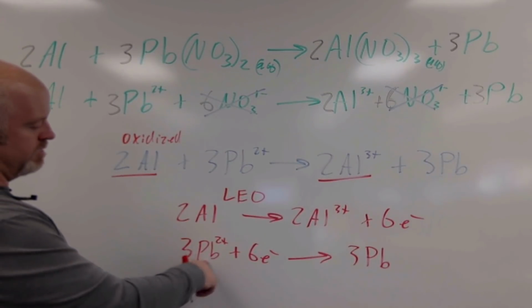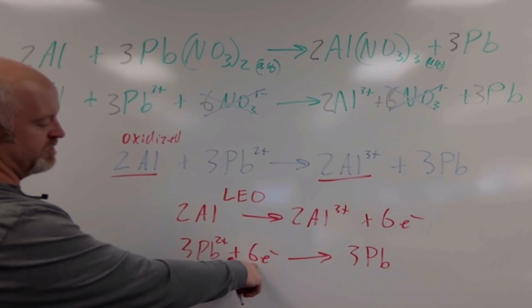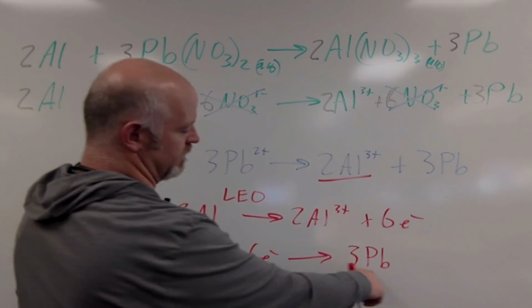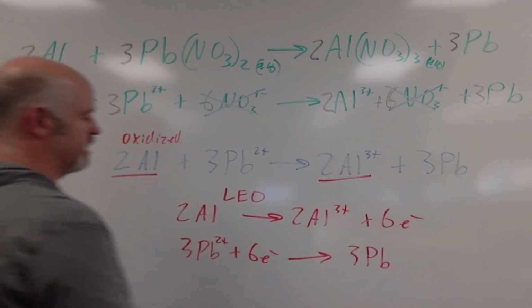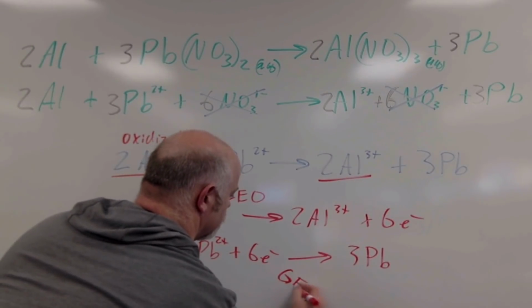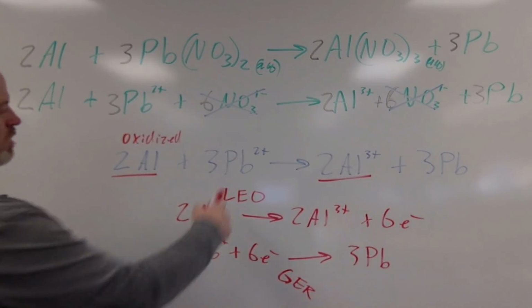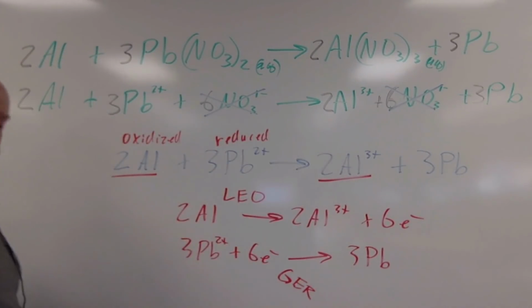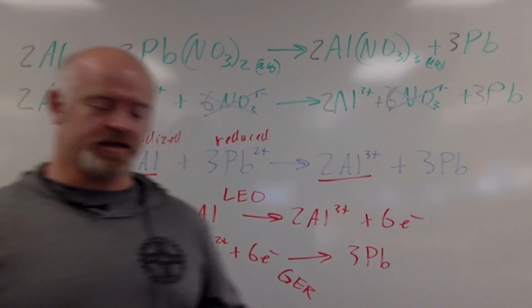So 3 leads with a 2+ charge, give them 6 electrons, so we have 2 times 3, then you'll end up having 3 leads that are neutral, okay? So in this case, that is our GER, so our lead is reduced in this process, okay?